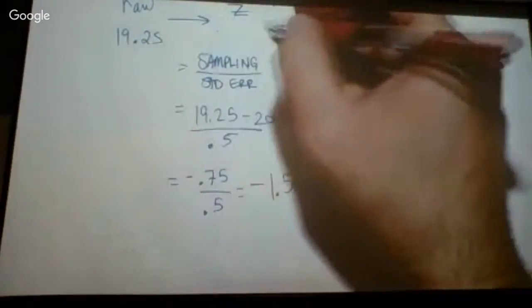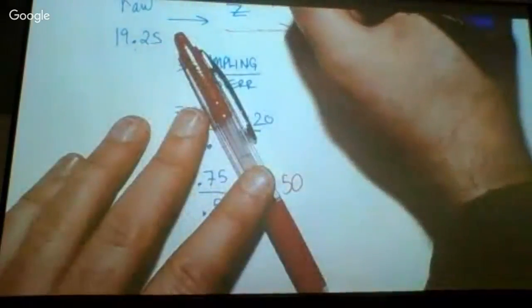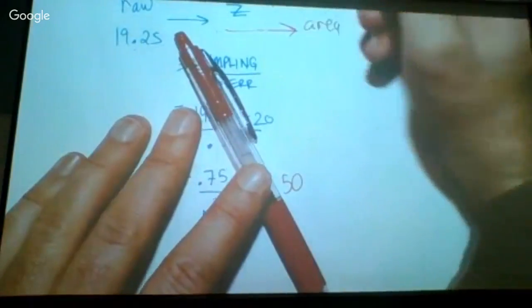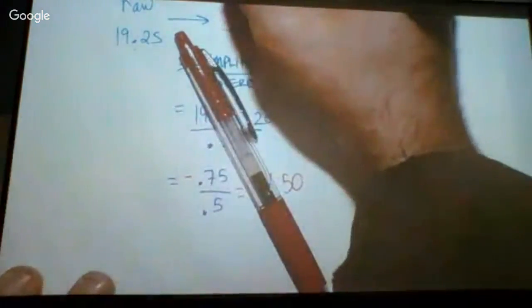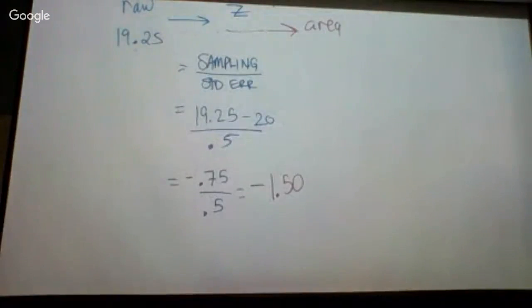0.4332 is the area that goes here. And why did you go to 0.0668 rather than stop at 0.4332, Mary Claire? You're right, you take it from 0.5.